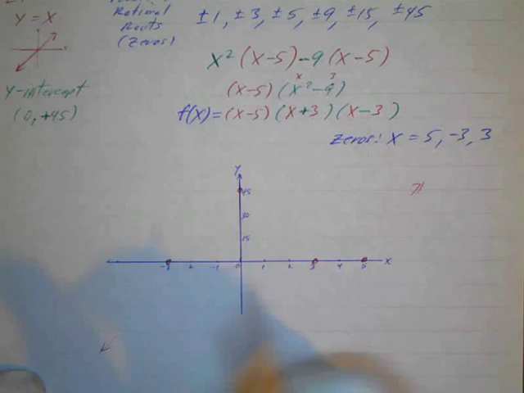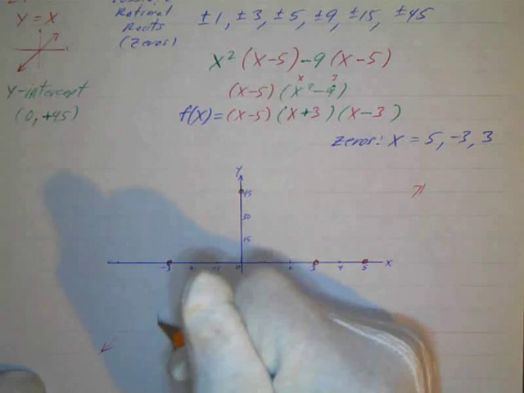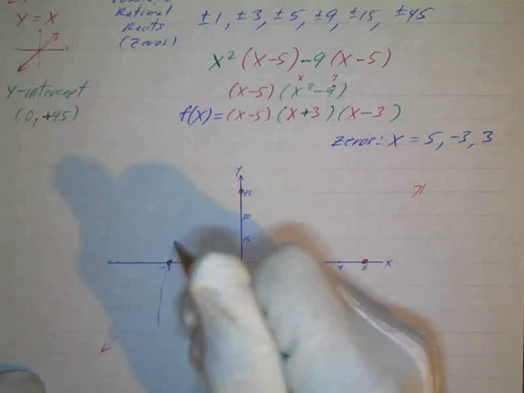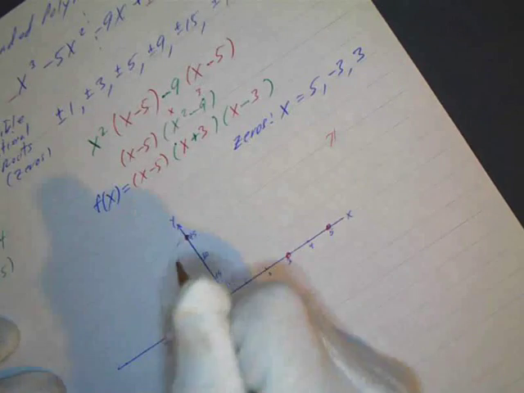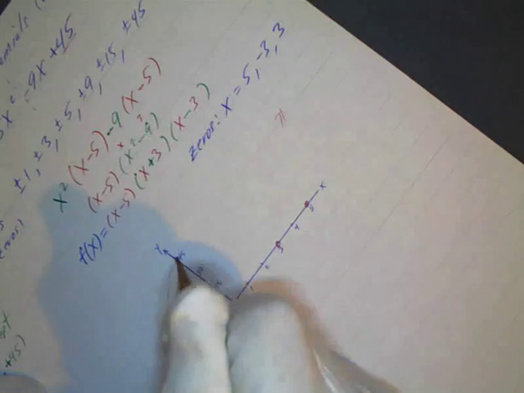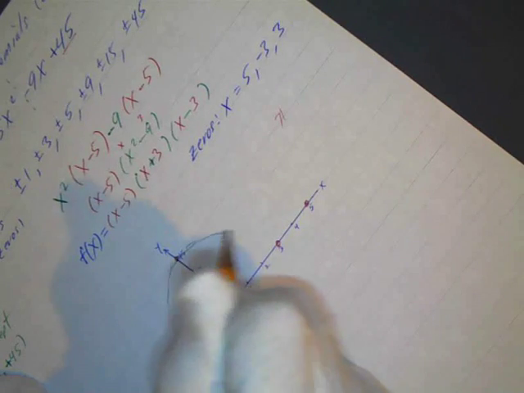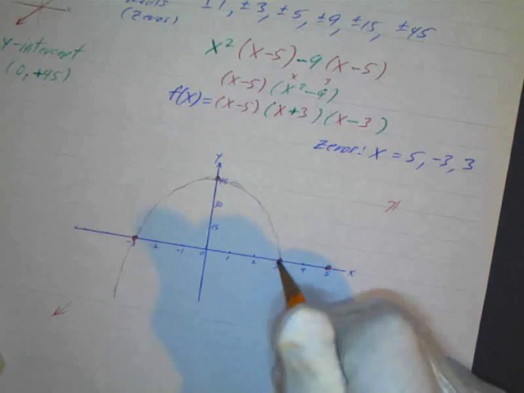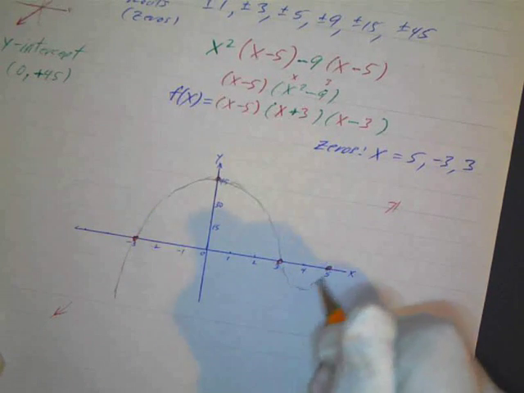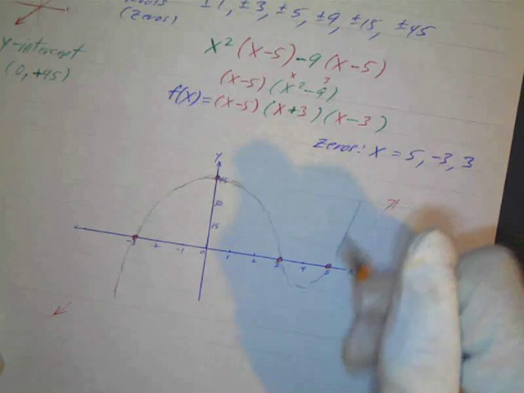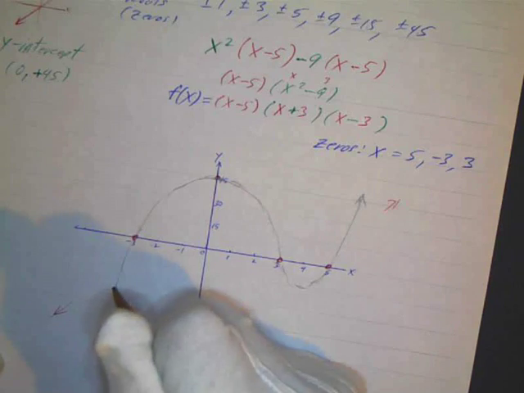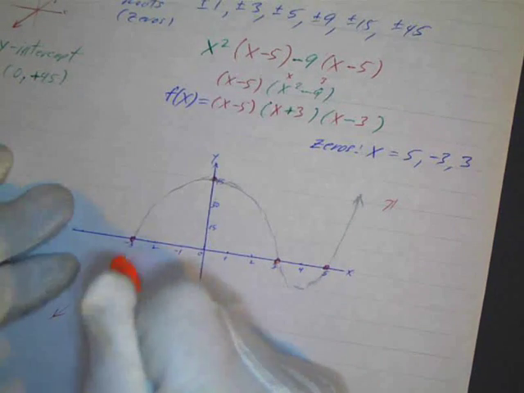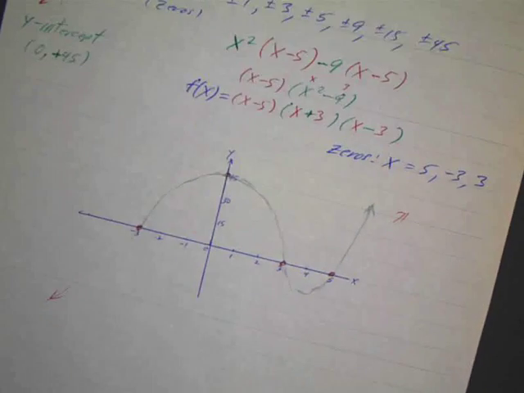So I'll start over here, go up like this, go all the way up to the 45, come back down, and then I'm going to go somewhere in between here, maybe around the 4 will be the low point, and come back up. And from the data we've got, that's probably a pretty decent representation of my graph.